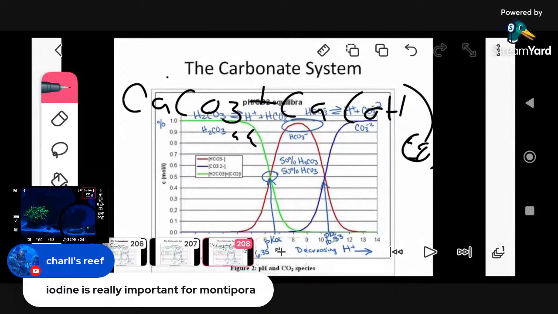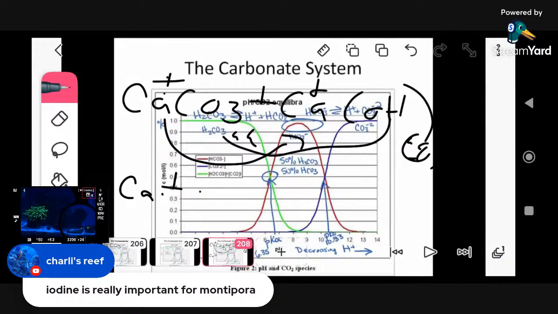The positive cation of the calcium, these two are going to switch, right? So you're going to get calcium plus OH, plus calcium CO3. And you see how I basically rewrote the equation? What that means is there's no reaction going on, guys.